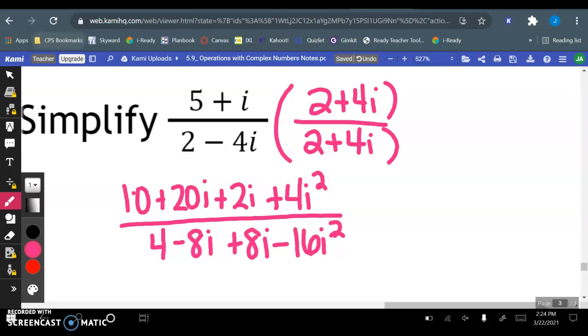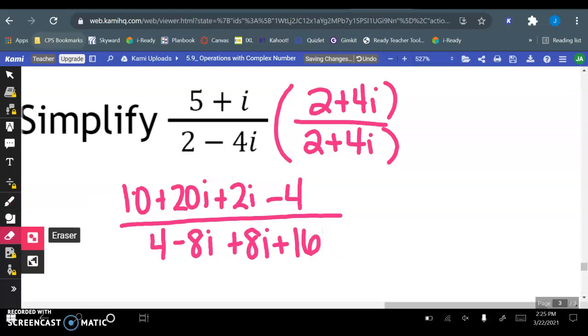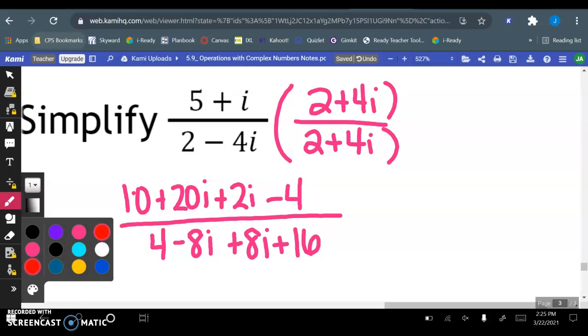So now we have to simplify this. The i squareds are going to be multiplied by negative 1. So the 4 is going to become negative 4. And then 16 times negative 1 is going to become a positive 16 here. i squared goes away. And then we combine like terms at both the top and the bottom. So at the top, I can put the two middles together.